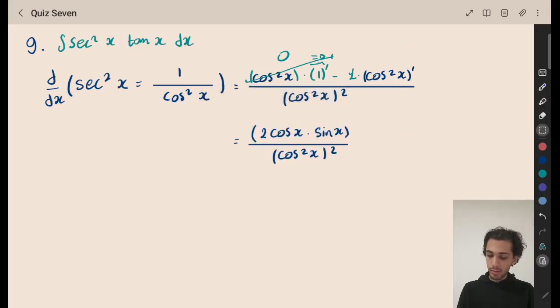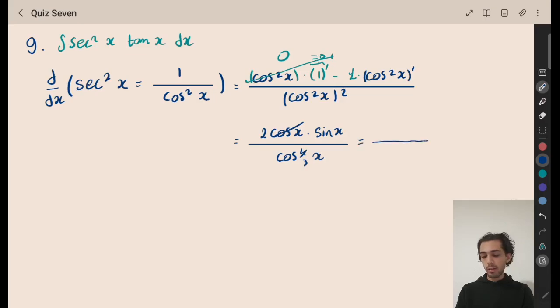So that's that. Cosine squared squared is just cosine to the 4th. And here on top I have cosine, so this would be a power of 3, and then a sine of x. But then I can just write this as sine of x over cosine of x times 1 over cosine squared of x.